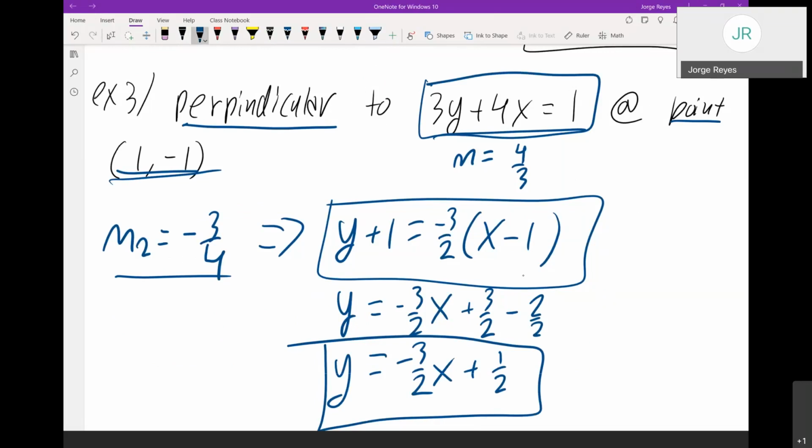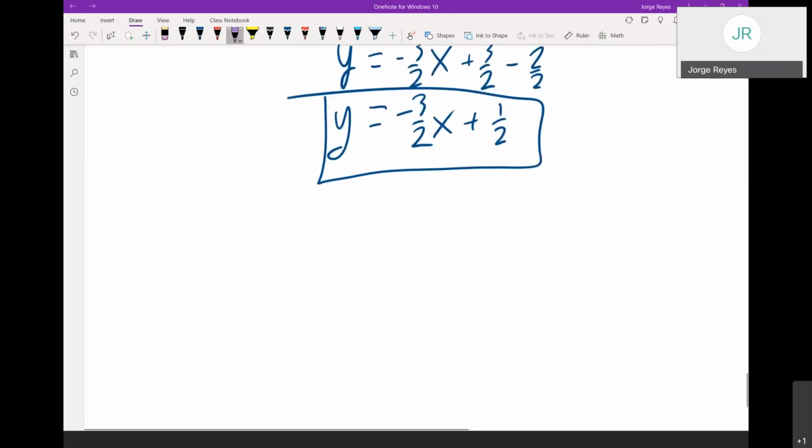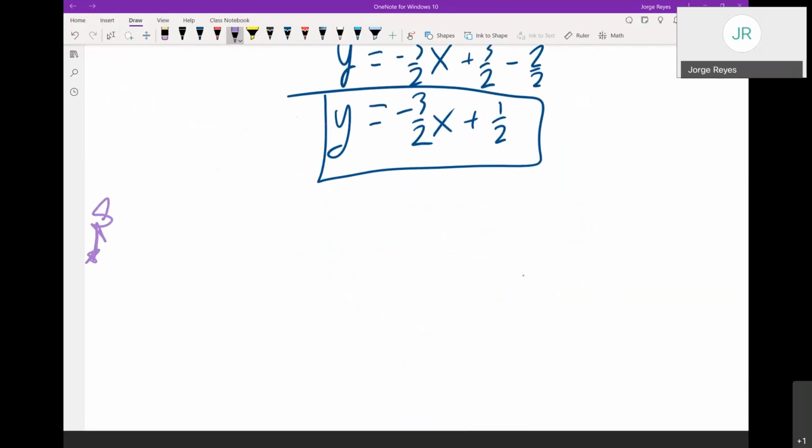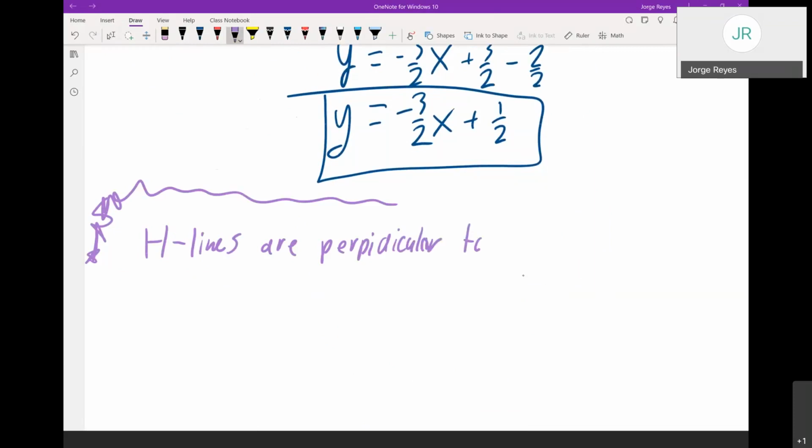Okay. All right. And then just to wrap up the section, this is really not important. Okay. But horizontal lines are perpendicular to vertical lines.